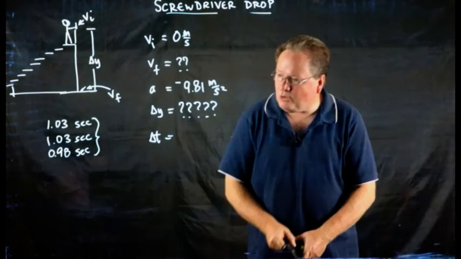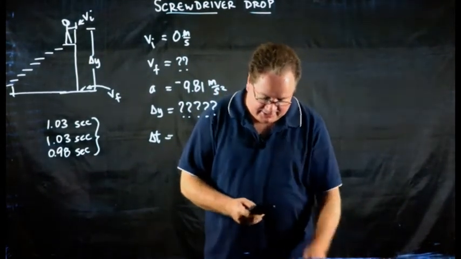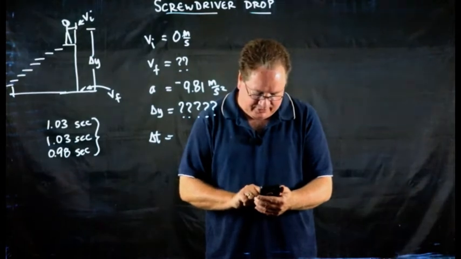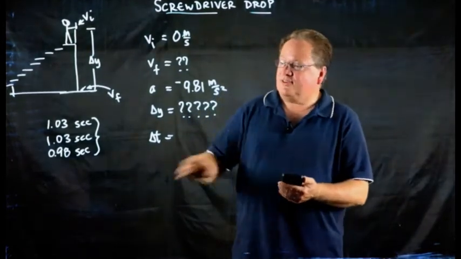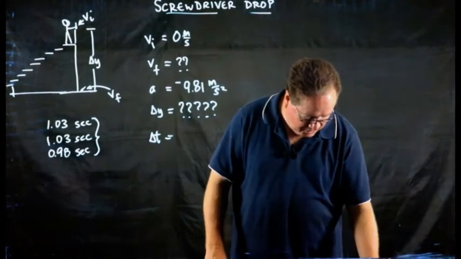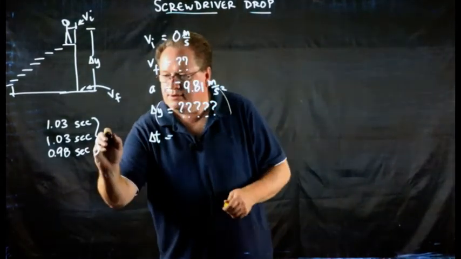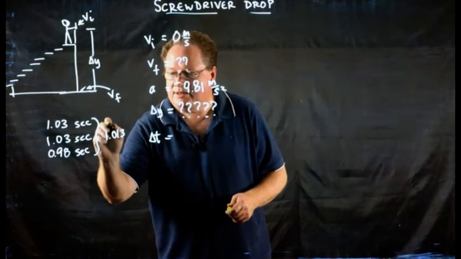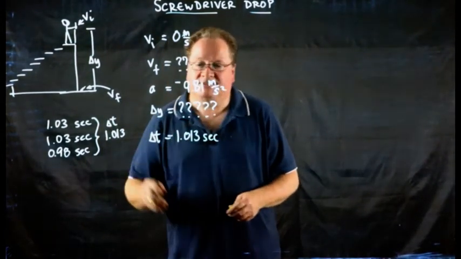If I add 1.03 plus 1.03 plus 0.98, I get 3.04. Since there's three numbers, I'm going to divide by 3 to get an average, and that gives me 1.013 repeating. And that's what I'm going to call my delta t.